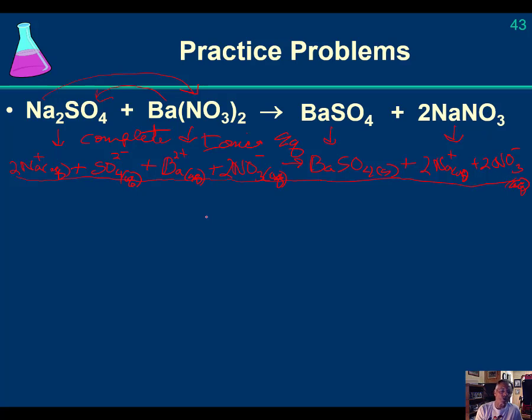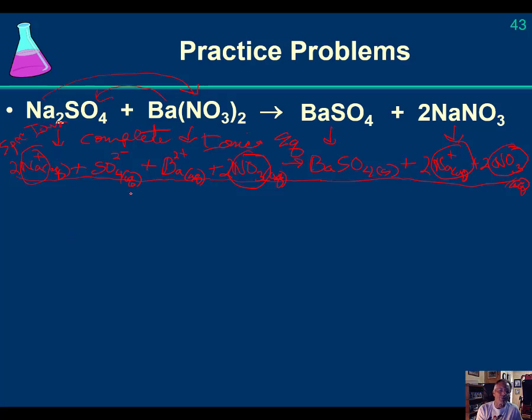Next thing we want to do is find the spectator ions. That's easy. We've got sodium cation, which is a free ion on the reactant side. Sodium cation is a free ion on the product side. Nitrate is a free ion on the reactant side, and nitrate is a free ion on the product side. These are your spectator ions. Throw them out.